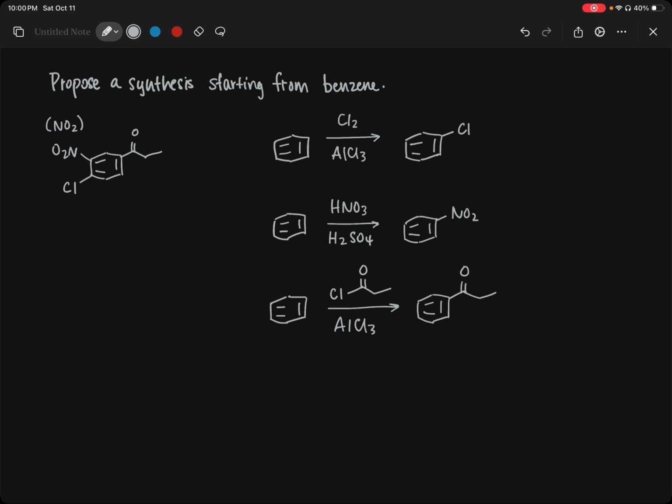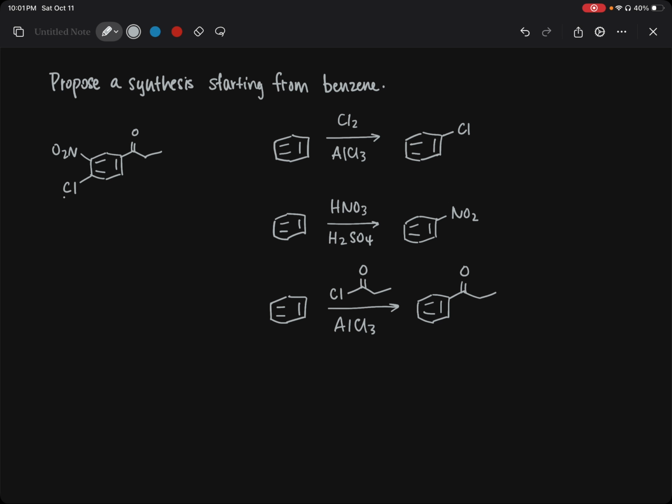And in this case, there's roughly a third chance that you'll pick the best one first. But we can do a little bit of analysis on our starting material here to figure out what might be the best idea. So in order to figure this out, we're going to need to consider the ortho, para, and meta-directing properties of the groups.